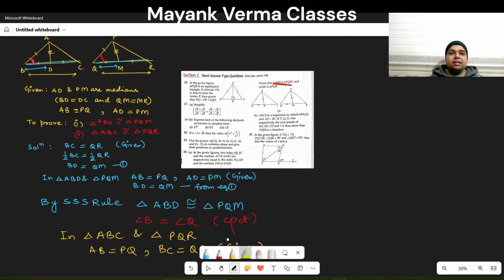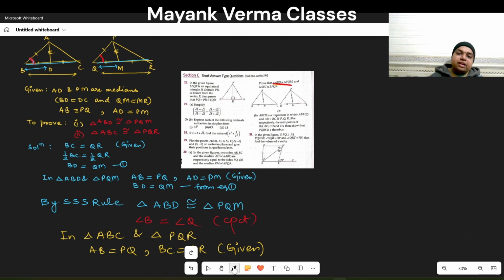What I'm saying is that this AB is equals to PQ, which is given. Second thing, this BC is equals to QR is given. And the third thing will be this angle by CPCT, right? So by SAS rule, they will be congruent, right?